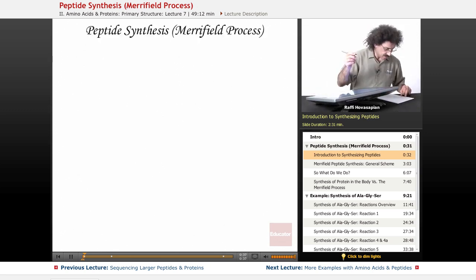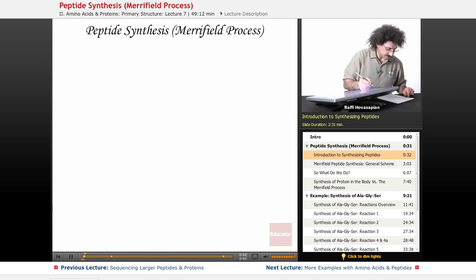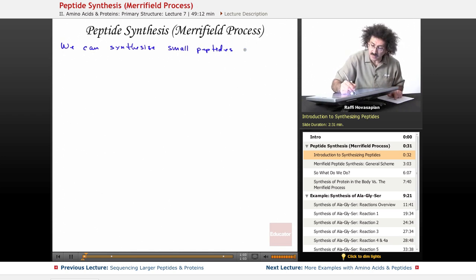So we can synthesize small peptides with a sequence of our choosing.